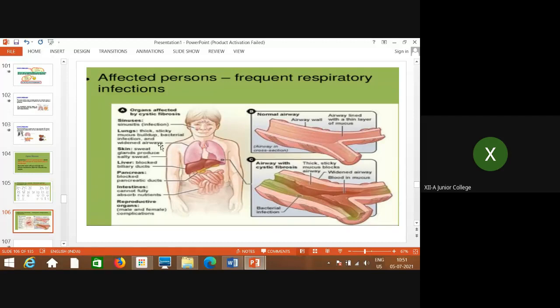The sinuses get affected, causing sinusitis, then thick, sticky mucus builds up in the lungs, so bacterial infections are very easily observed.